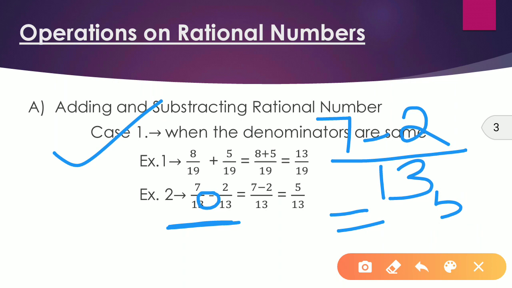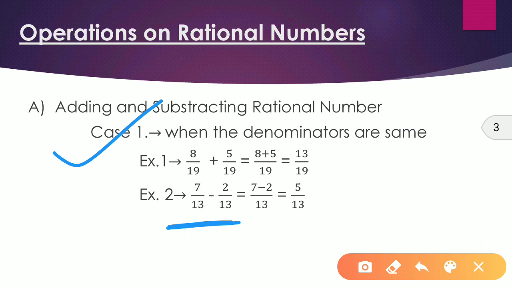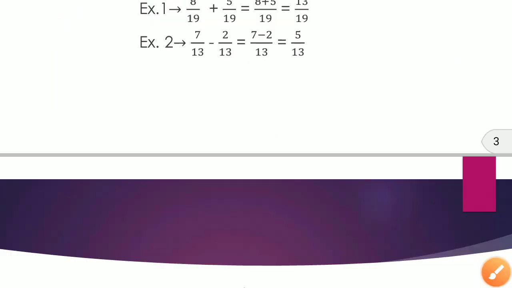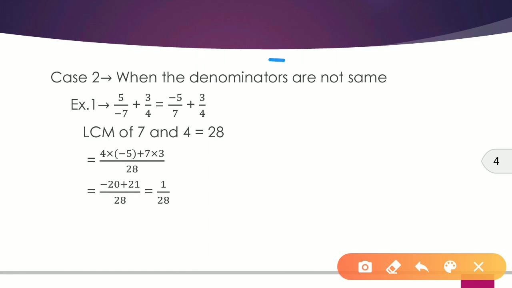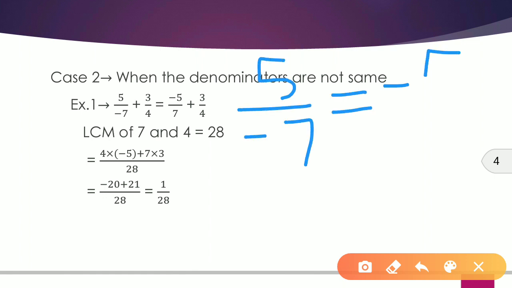Now let's discuss the second case. Our second case is when the denominators are not same. Our first example is 5 by minus 7 plus 3 by 4. 5 by minus 7 can also be written as minus 5 by 7.